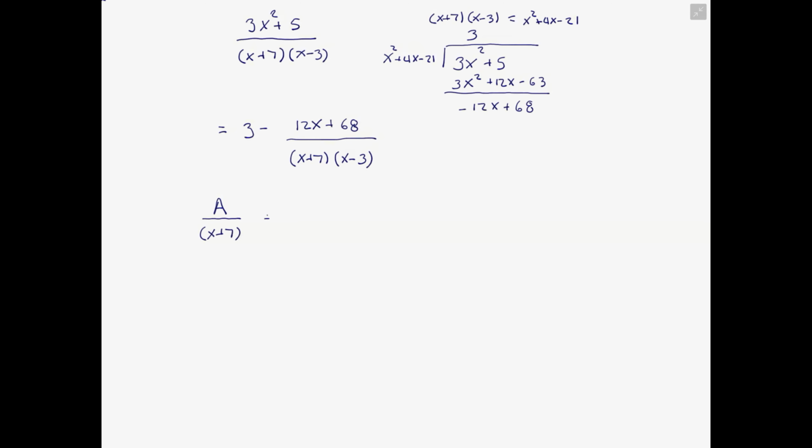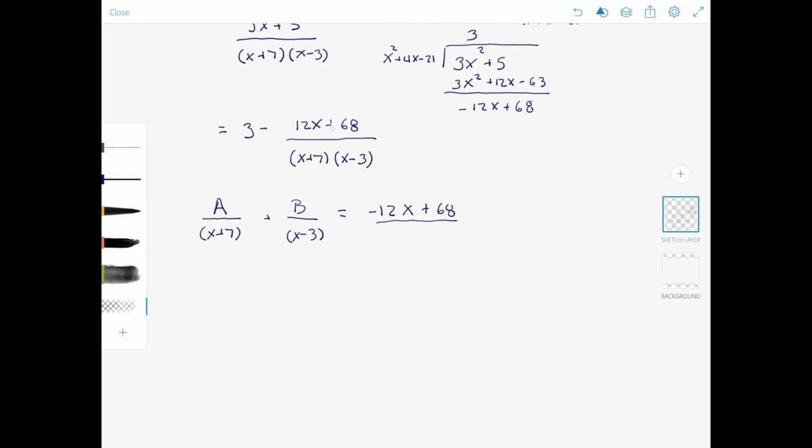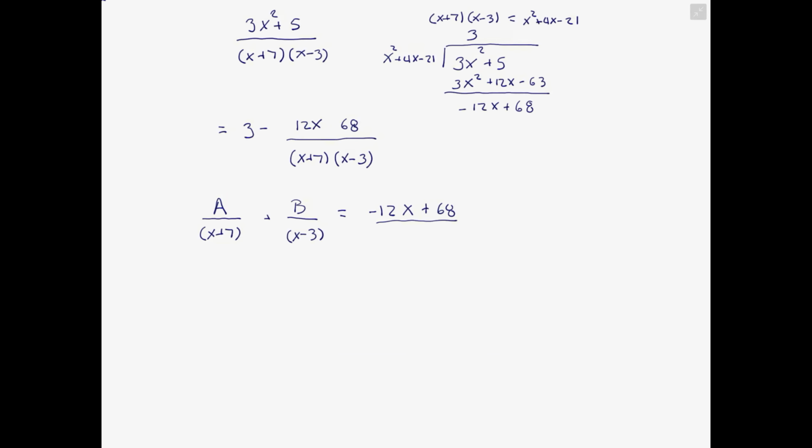So we're going to say A on x plus 7 plus B on x minus 3 equals minus 12x plus 68 over, I made a mistake here.